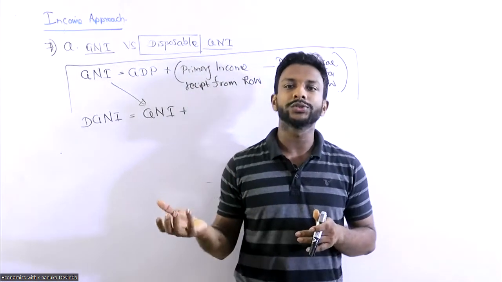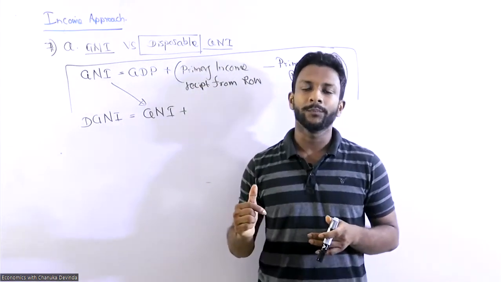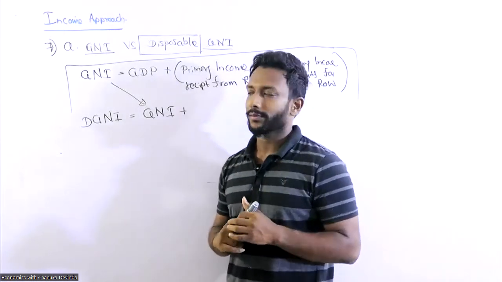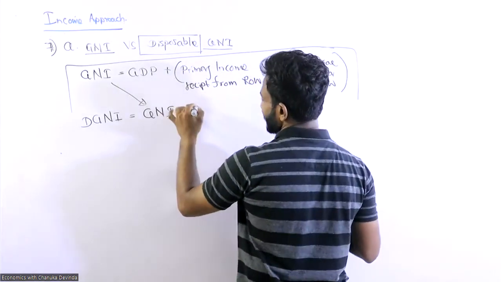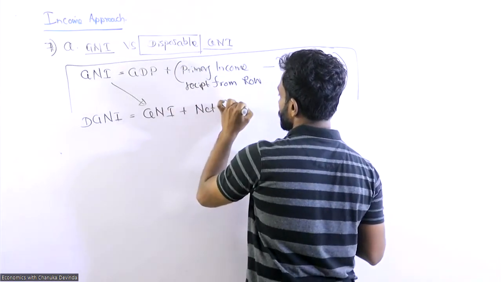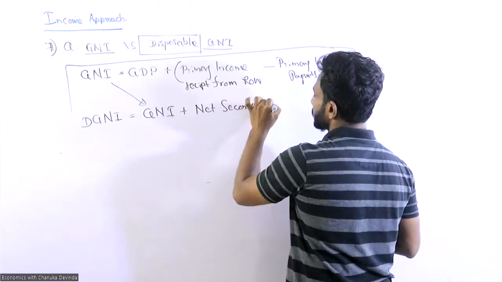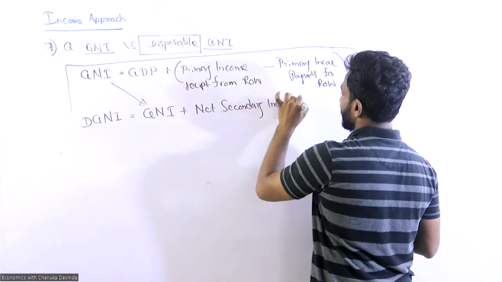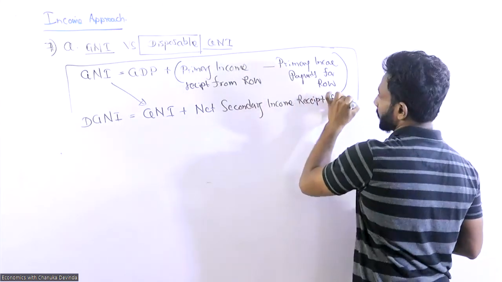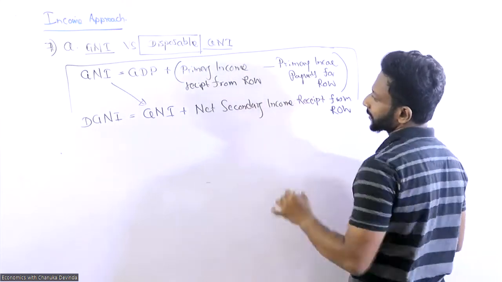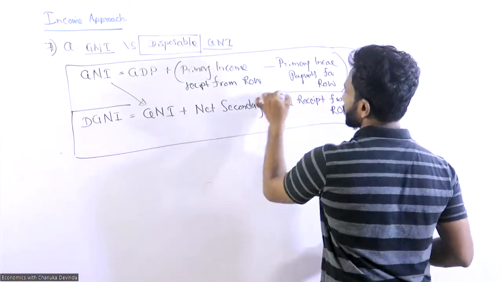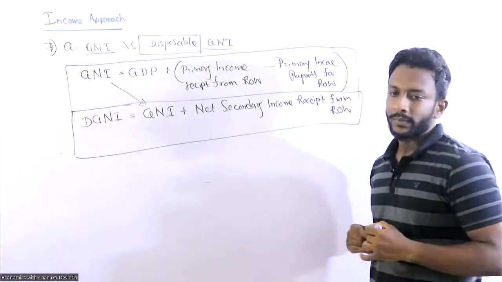So that's also an inflow to the country, an inflow to the residents. So net secondary income receipt from rest of world. So that is the disposable gross national income, right?